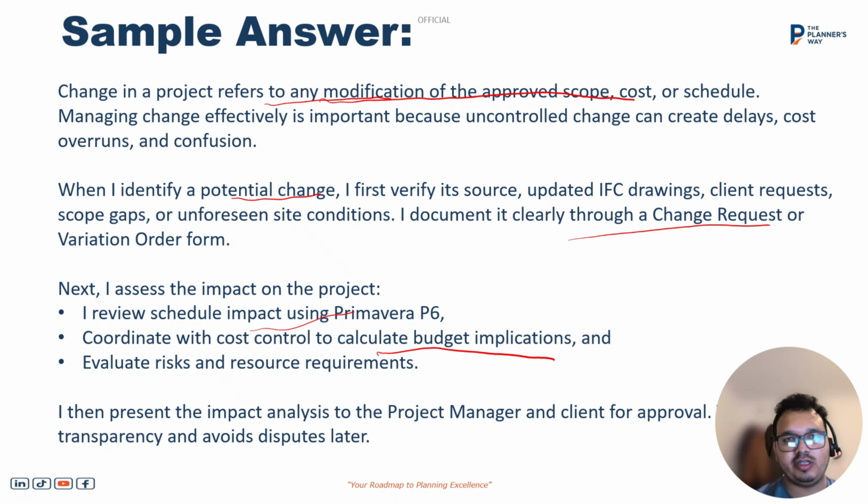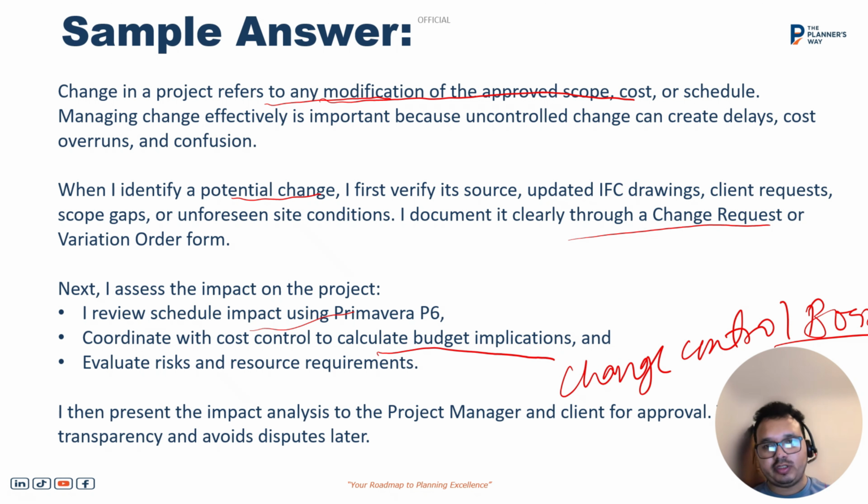After I assess the impact of the change on the program, I present the impact analysis to the project management and it goes to the change control board for approval. During the change control board, I am responsible for providing the information regarding how it impacts the cost and schedule. I'll provide them the information about the impact on the critical path and the cost, and it's the change control board that decides whether to take the change forward or not.